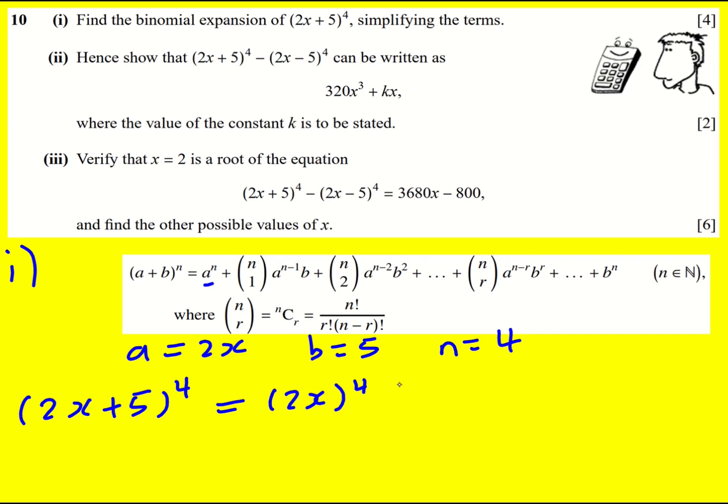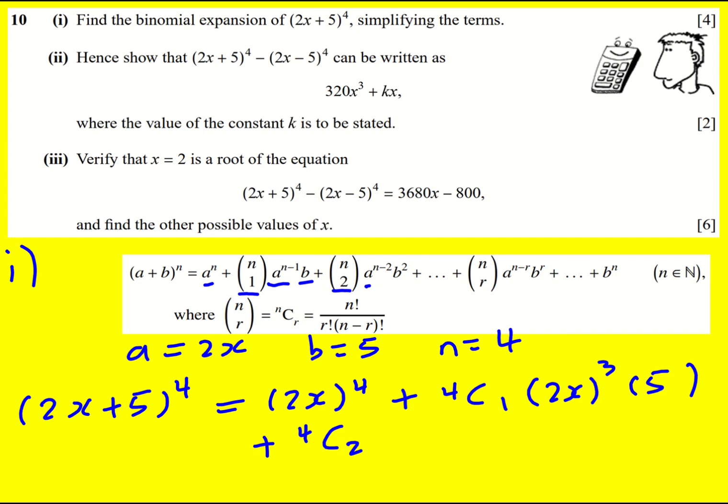2x to the 4 plus, now this is nC1, so for us it'll be 4C1 times, and then we just lower the power of the 2x, so (2x) to the 3 times b, so times 5, and then we just proceed by increasing, so it becomes 4C2 and then (2x) squared times 5 squared.